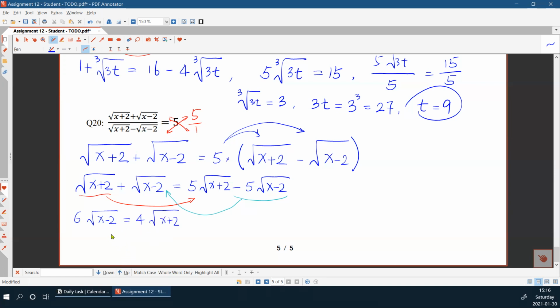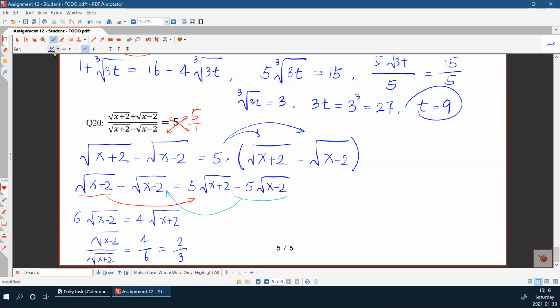Then we can divide both sides of the equation by square root of x plus 2, right? And again divide both sides by 6. This gives us square root of x minus 2 over square root of x plus 2 is actually 4 over 6, which is 2 over 3 after simplification, right?